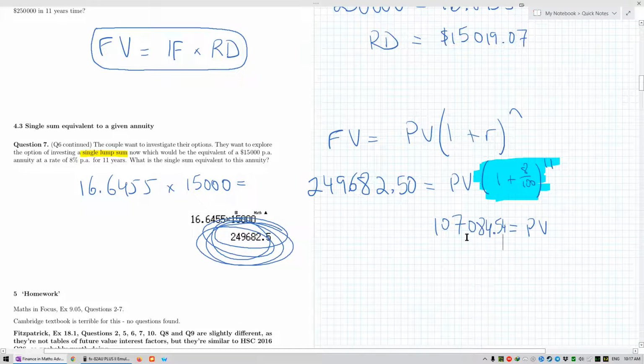That's the present value, the single sum equivalent of the annuity. You can deposit this much right now and it'll compound to give you 249,000. Or you can have an annuity where you deposit $15,000 per year for 11 years and you'll also get 249,000.